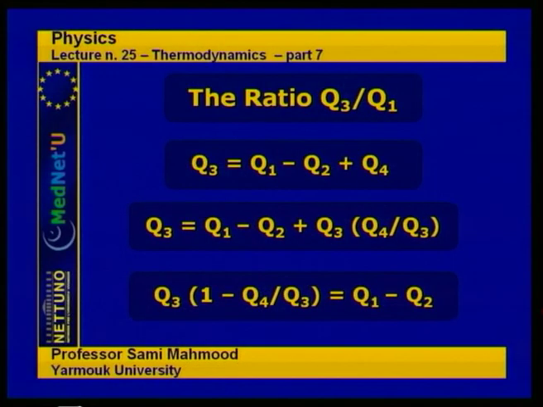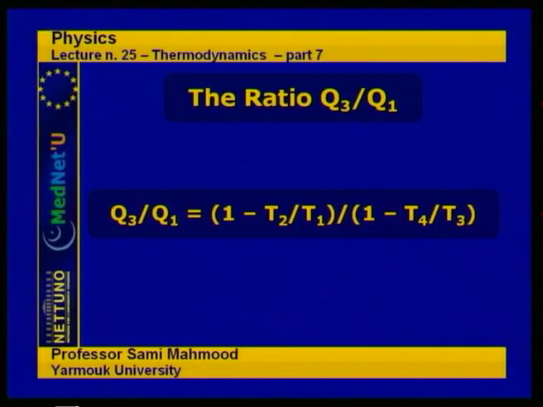So what we do is we multiply Q4 and divide it by the same number, Q3. Multiply and divide by the same thing. It's just like doing nothing. And then rearrange the terms. Then on the left-hand side, we will get Q3 multiplied by, in parentheses, 1 minus Q4 over Q3. And on the right-hand side equals Q1 minus Q2.